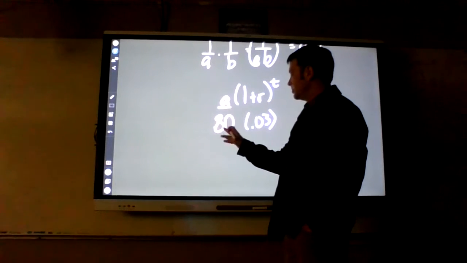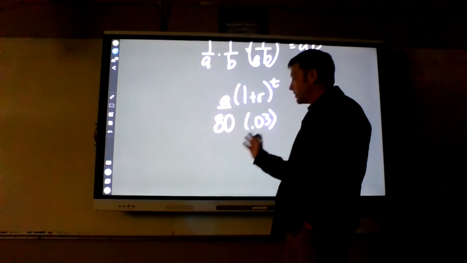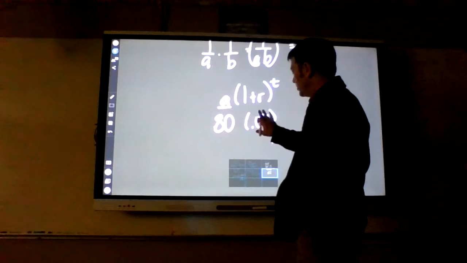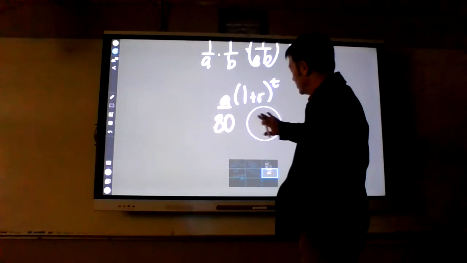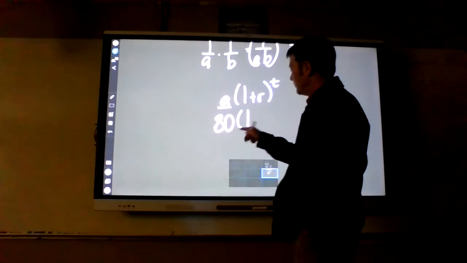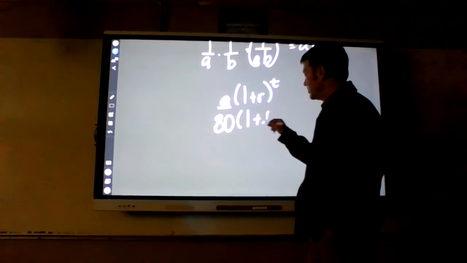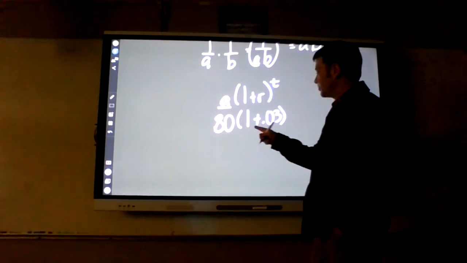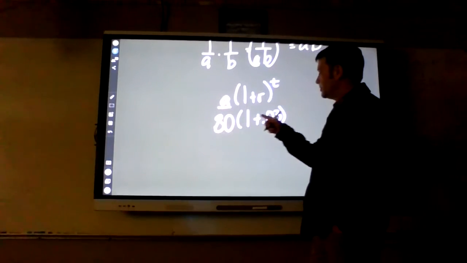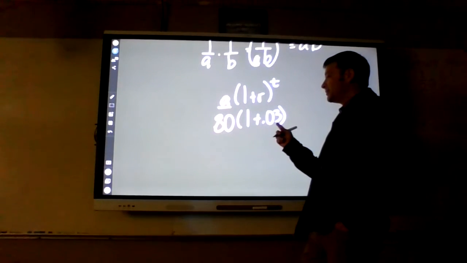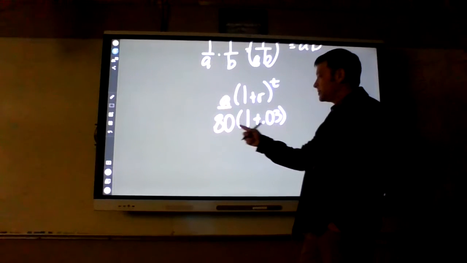That would give you 3% of 80, added back to 80. Another way, an easier way, is if you multiply 80 times 1 plus 0.03, that gives you the 80 plus whatever 3% of 80 is. So that increases the 80 by 3%.